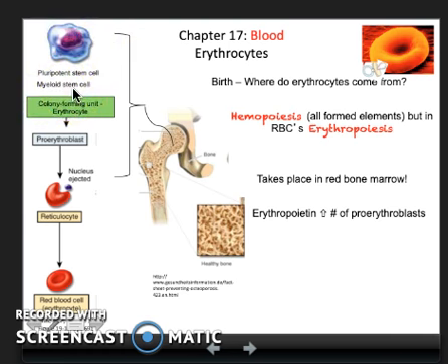These will split via mitosis into colony-forming units, erythrocytes. These then develop into a proerythroblast. During this developmental stage, the reticulocyte, you see this here, ejects the nucleus, and then a red blood cell is formed.